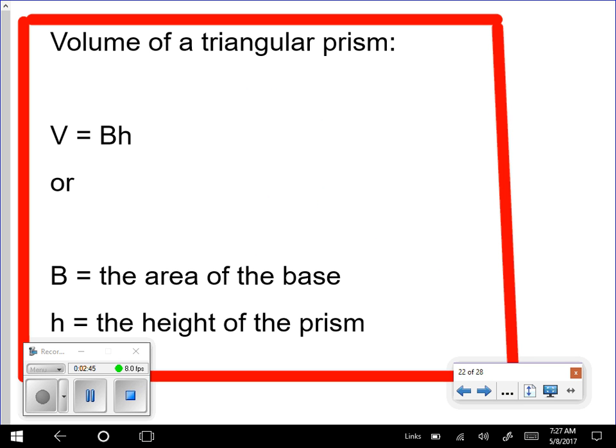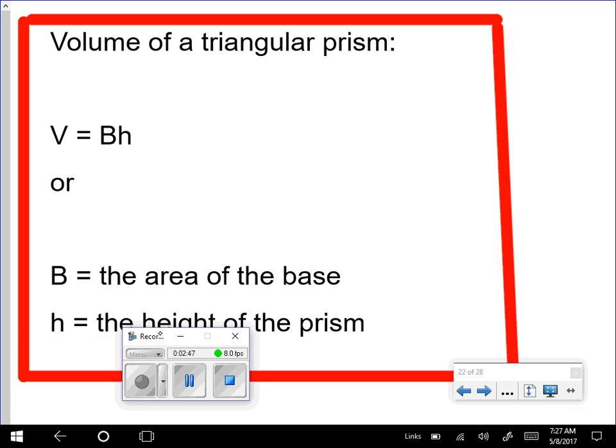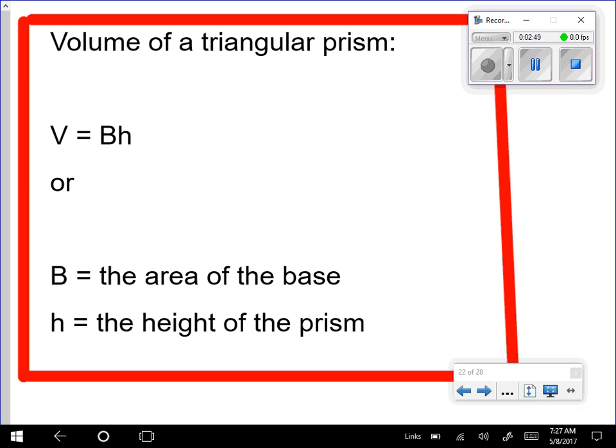So this is important. You need to write everything here down. Actually, the volume of a triangular prism is a lot like any other volume we've looked at so far. When we looked at cylinders, it was volume equals big B times H, which stood for, with a cylinder, pi r squared times H, because this is the area of the base of a cylinder.